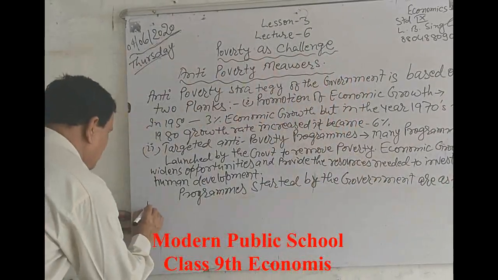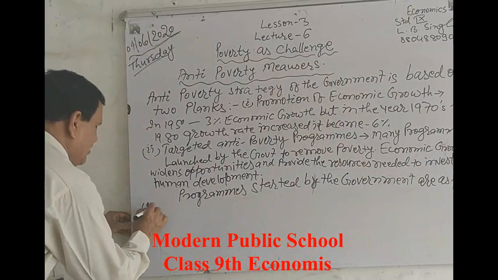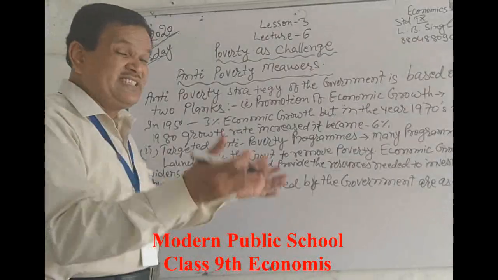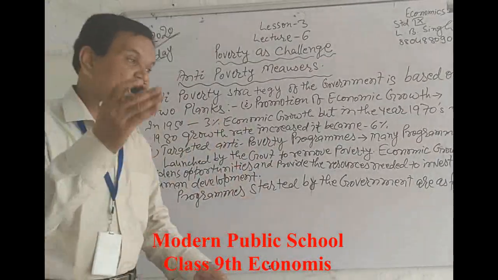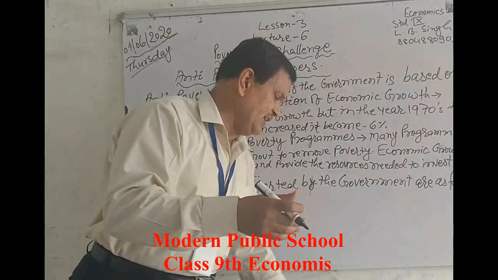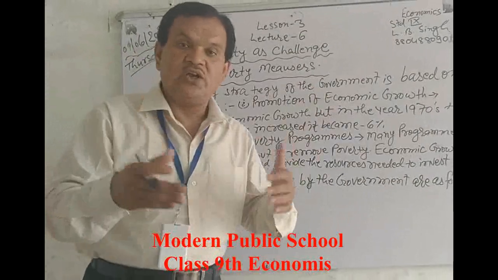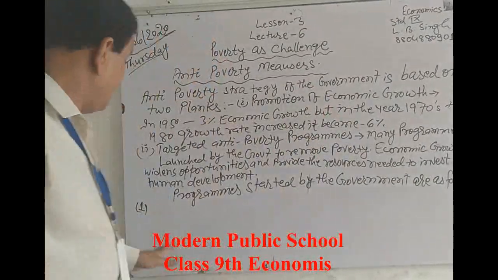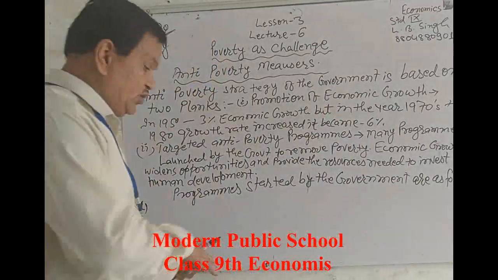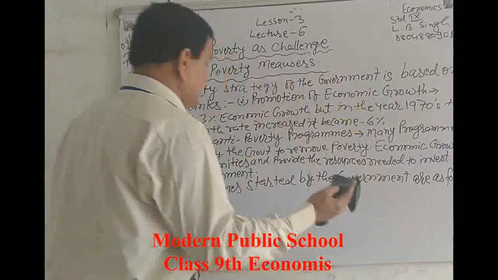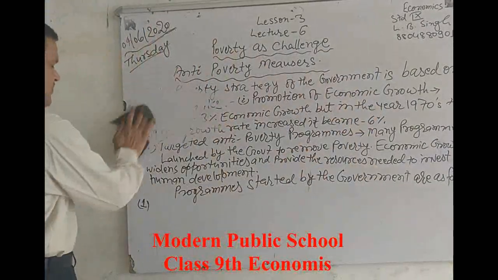Now, the first point is, do you know this thing? That means these are the programs started by the central government to remove the poverty. Now I can rub the board to write in detail all these things.